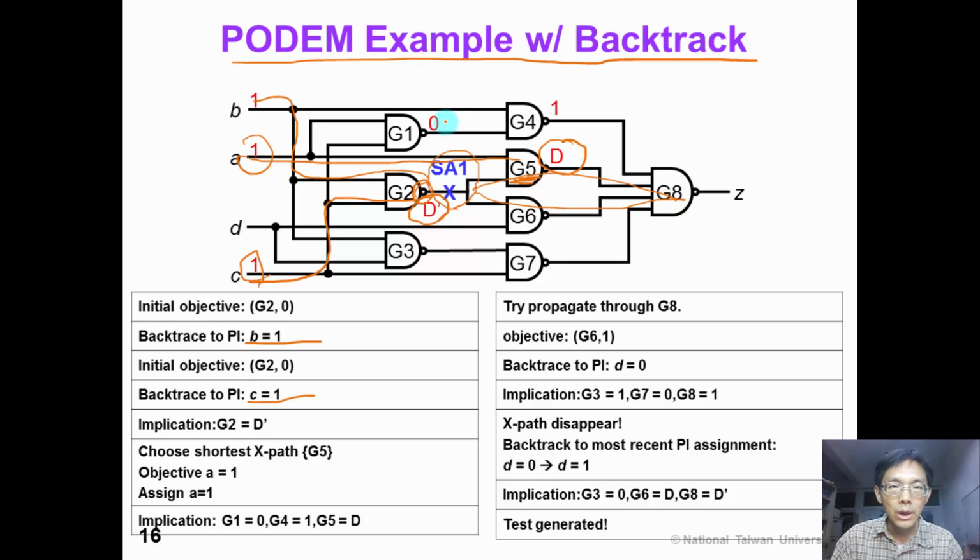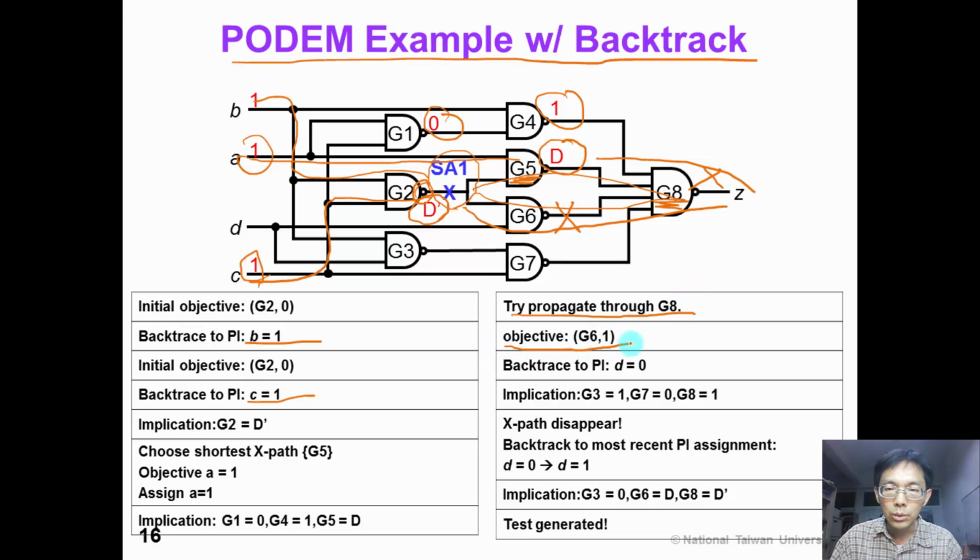And we also have the output of G1 and the output of G4 during the simulation. Now we have 2 X paths. One X path is G6, G8. The other X path is G8. According to heuristic number 3, we would choose G8 because it's shorter. So now we try to propagate through G8.